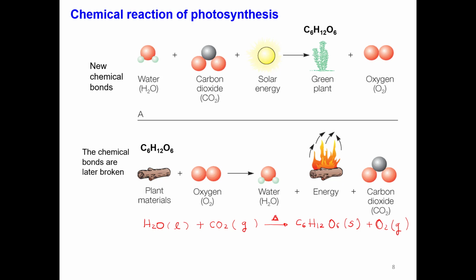Now the next thing we want to do is balance the equation. We want the number of atoms on one side of the equation to be equal to the number of atoms on the other side. To do that, we can write here all the elements involved in the reaction: hydrogen, oxygen, and carbon.